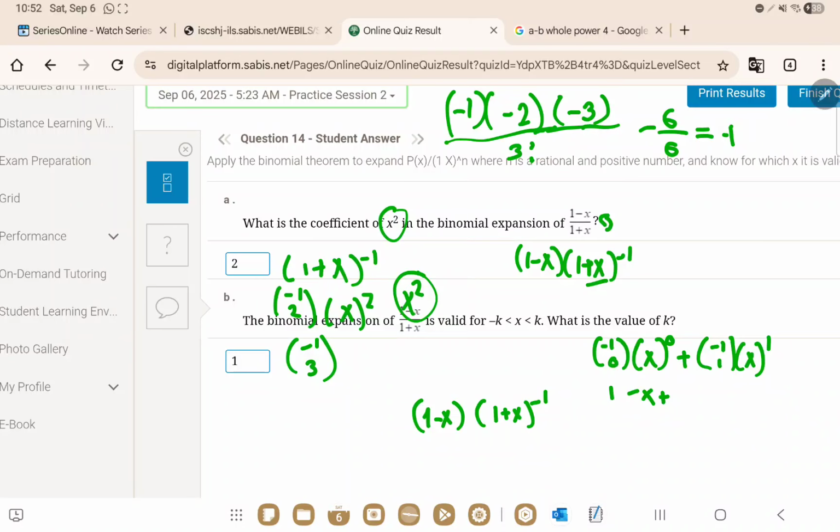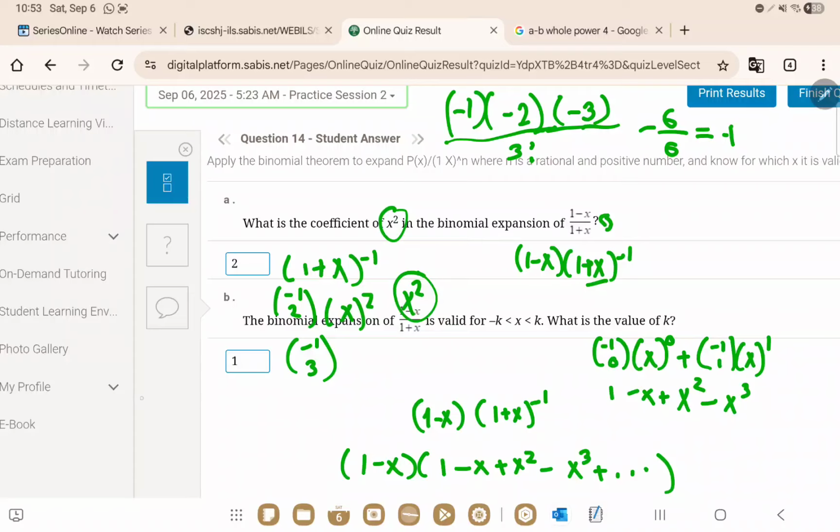So it's 1 minus x plus x squared plus, so this is for x0, this is for x1, this is for x2. And let's find it for when it's 3, like one more value. So it's negative 1 times x3, so it's negative x power 3. Okay, let's stop there. Now we need to distribute the 1 minus x into 1 minus x plus x squared minus x cubed, but we're not going to do it with dot dot dot.